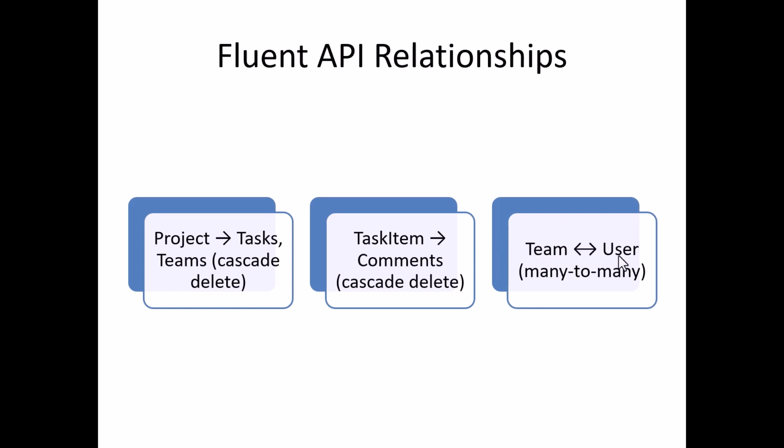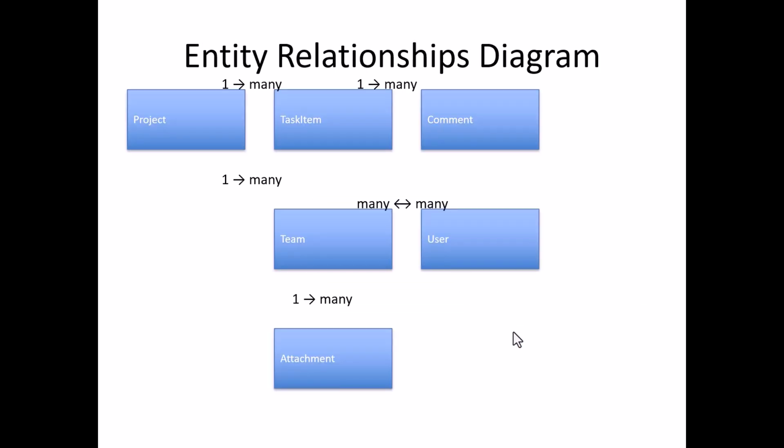And then team to user and user to team is a many-to-many relationship. So finally, this is the entity relationship diagram also. This is project to task item one-to-many and project to team one-to-many, and team to user many-to-many, user to team many-to-many, team to attachment one-to-many, and task item to comment one-to-many relationship.